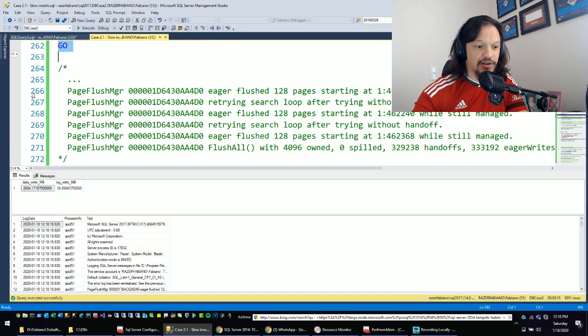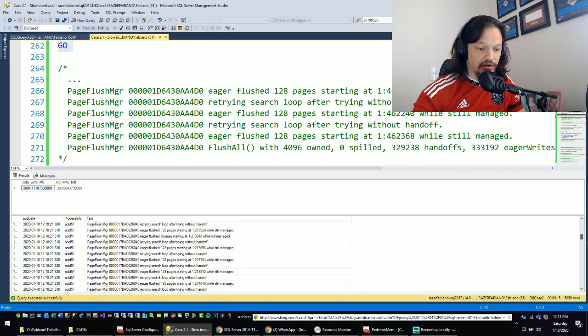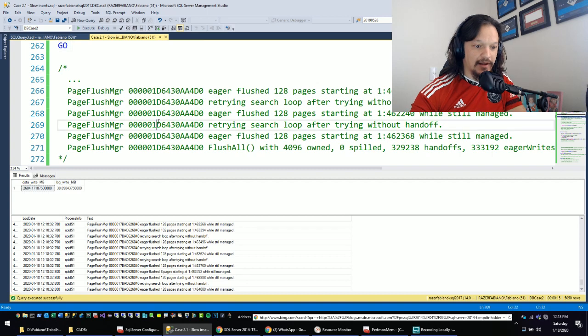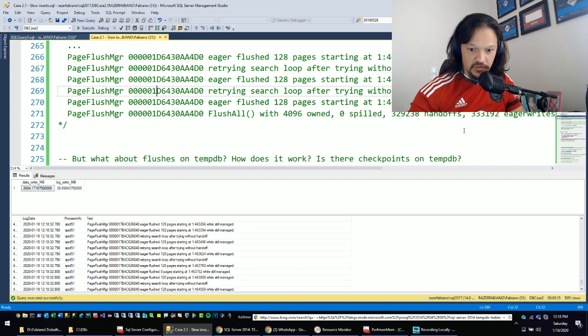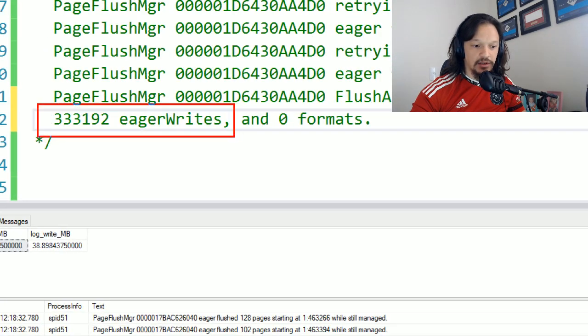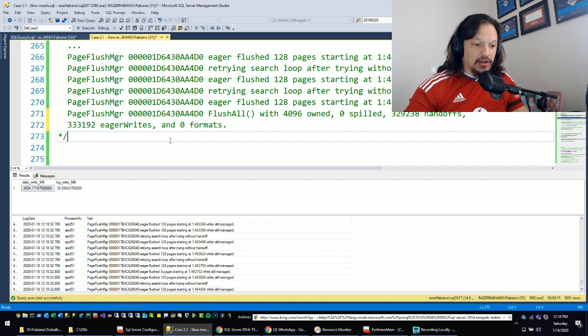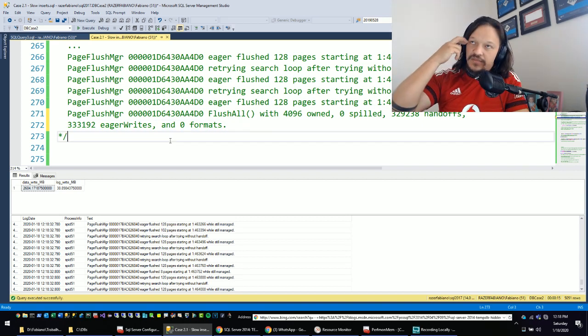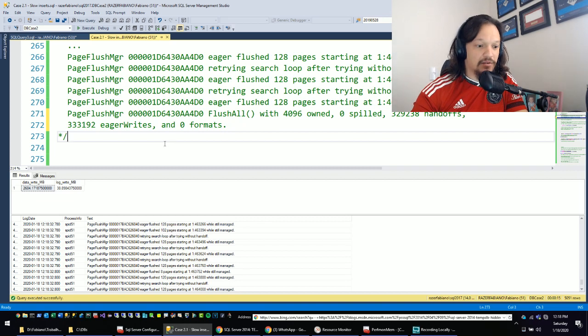I already have it pasted here, but I see a lot of messages in the error log, and I have a summary here, which pretty much tells us. See, eager writer wrote a lot of pages. But that's okay. So far so good. Many people already know about it, but the problem starts now.